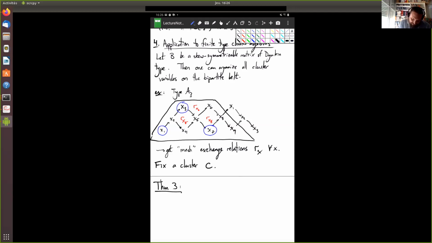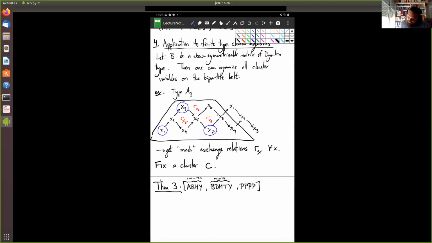So this theorem is due to the team of physicists for linearly oriented A_n, is due to the team of mathematicians from Montreal for any acyclic seed, and we've generalized it for general seeds.